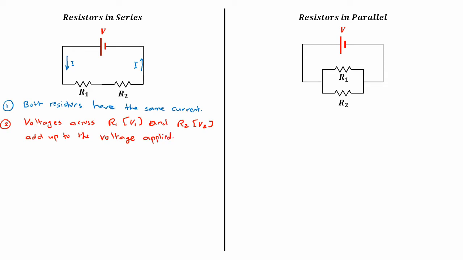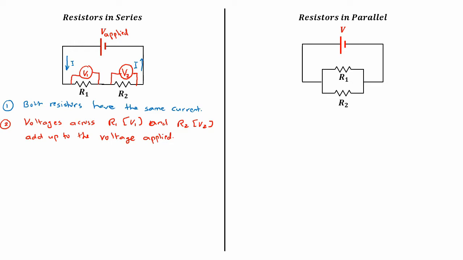So in our case, voltage applied is this voltage here. This is going to be equal to the voltage across 1 plus the voltage across 2. So the voltage applied gets distributed, voltage 1 and voltage 2. Now how much is voltage 1 and how much is voltage 2 depends on the resistors 1 and 2. Whether the resistance is higher or lower, or if they are equal, will make a difference.